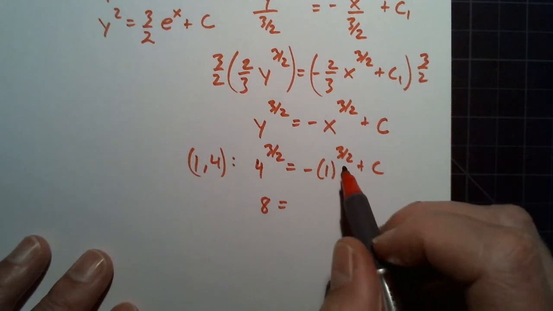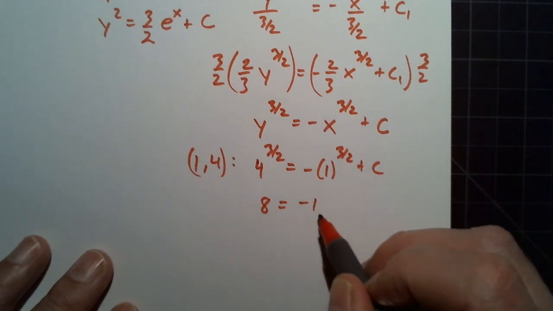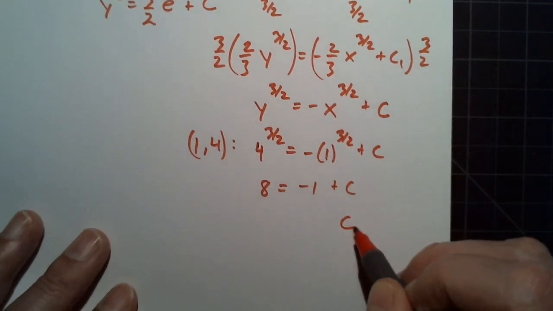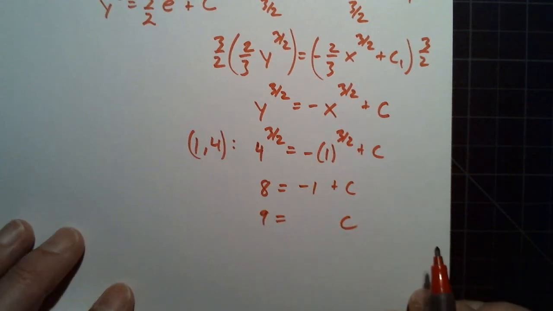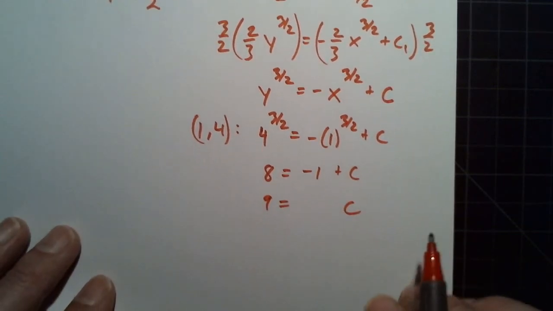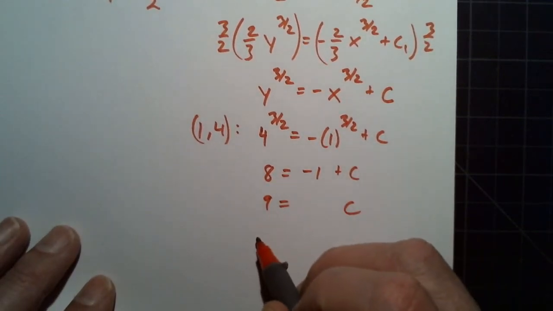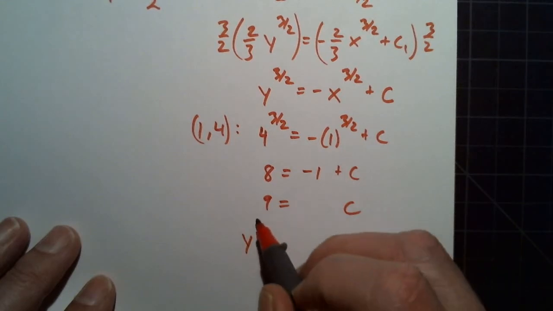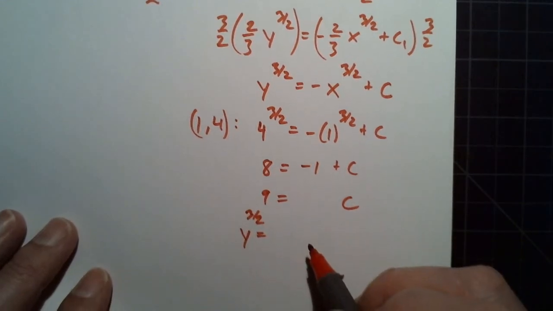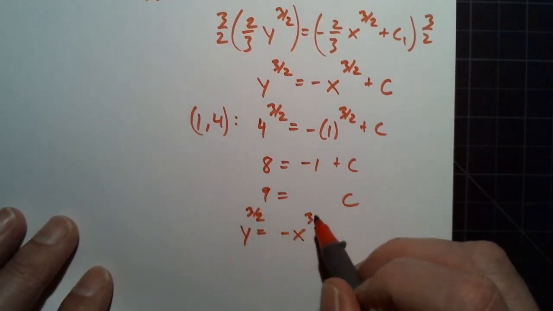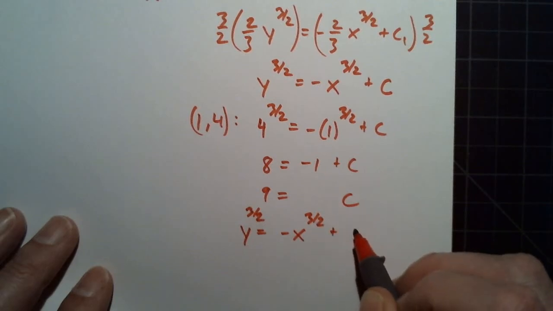And here 1 is just going to be 1. So adding 1 to both sides, we have 9. And we get y to the 3 halves equals negative x to the 3 halves plus 9.